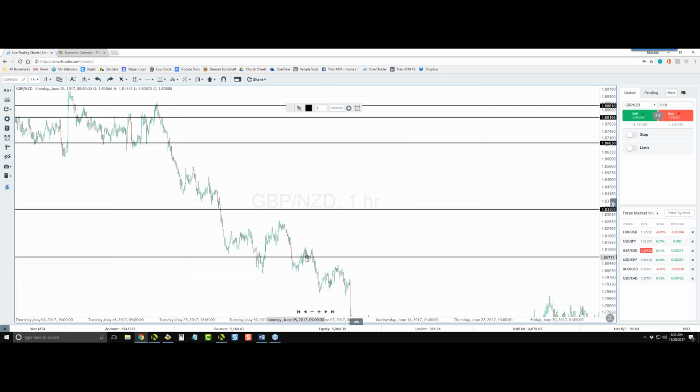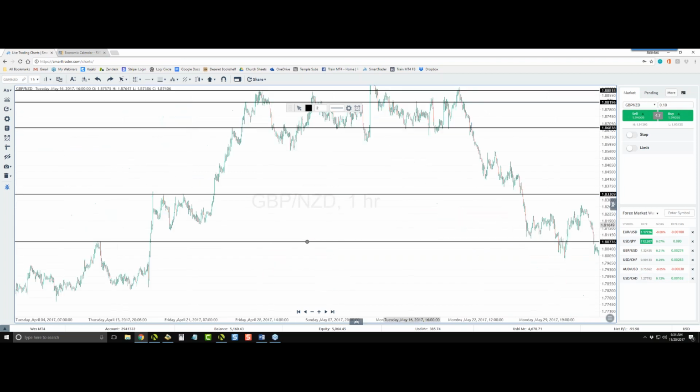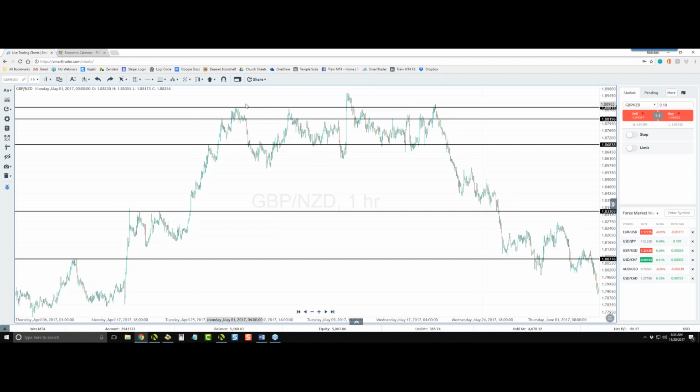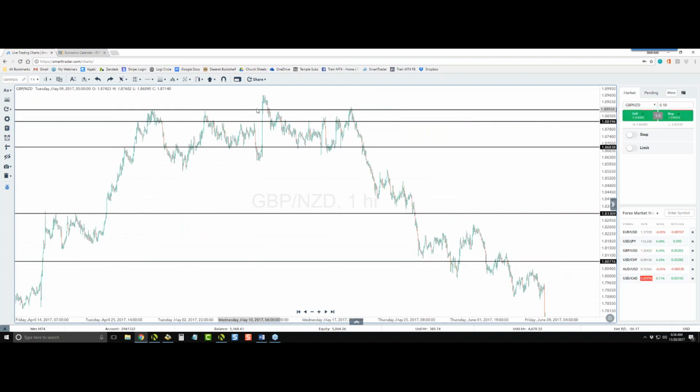So if this was a 1 micro lot trade down here at the bottom, then by the time it went 900 pips against you, that's a $90 drawdown. But by the time we get up here, this might be a 1 mini lot trade, and that's $1 per pip. So by the time we come back down to this first one, that's $900.